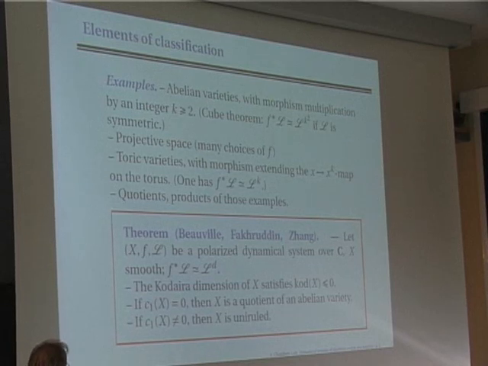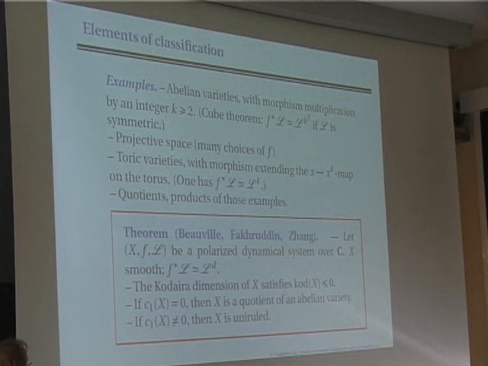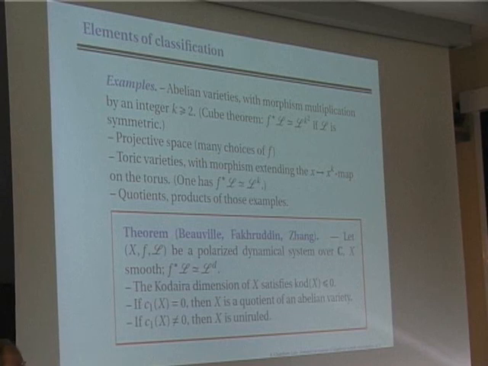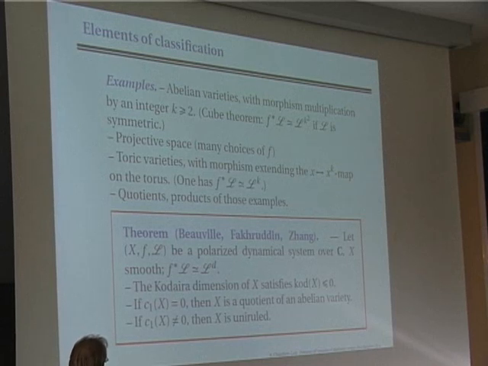And I'll give you a theorem, which incorporates results of Beauville, Fakhruddin, and Zhang. So if (X, f, L) is a polarized dynamical system over the complex numbers, I assume that X is smooth, and so f upper star L is L to the d for some d greater than 2.